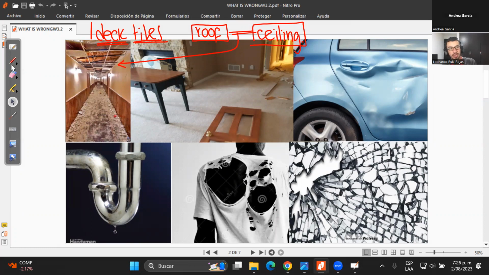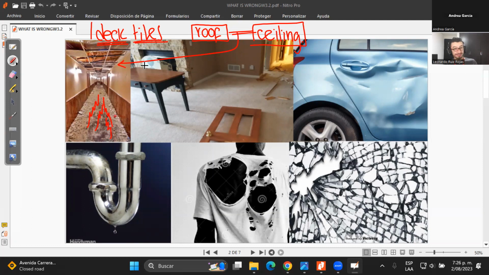What about the floor? How is the floor? It has like some. Dirty. It's completely dirty, but under the dirt, it is like cracked.